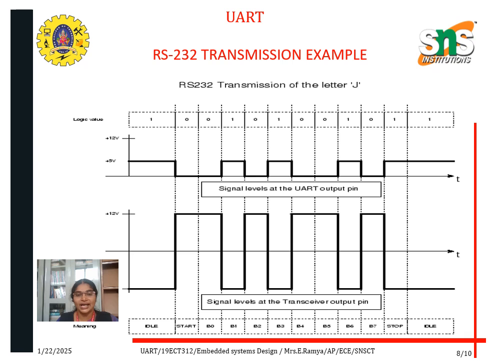Here we have a waveform for RS-232 transmission of the letter J. This shows how the letter J is transmitted through RS-232. We have the logic bits 1 0 1 0 1 0 0 1 0 1 1, with plus and minus 12 volts. The start bit is high, after that 0 is indicated by the low bit, then high, 0 low, 1 high, 0 0 in the low format.